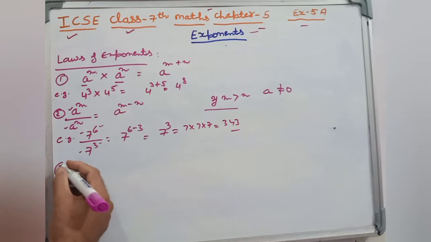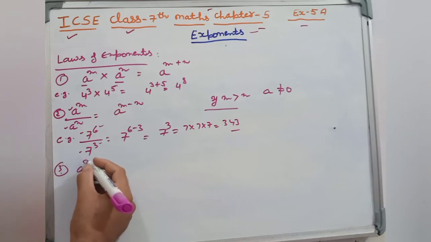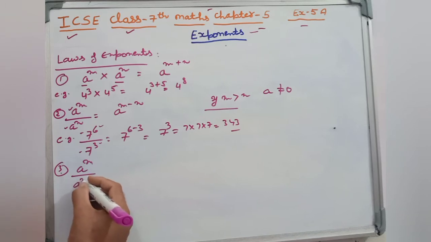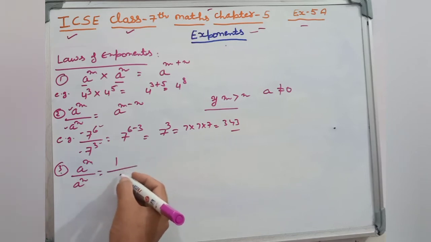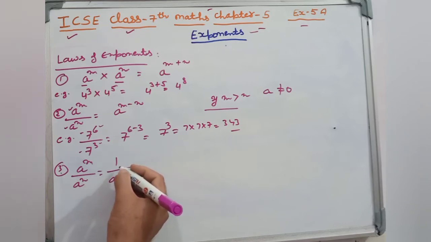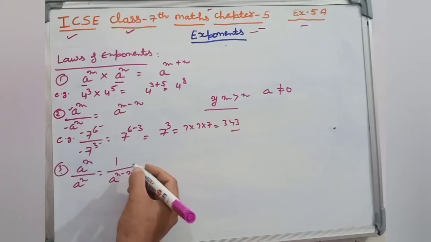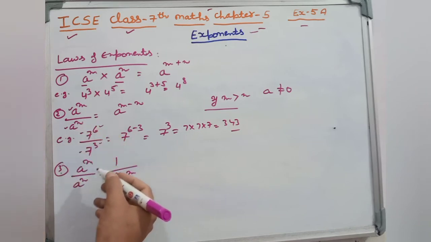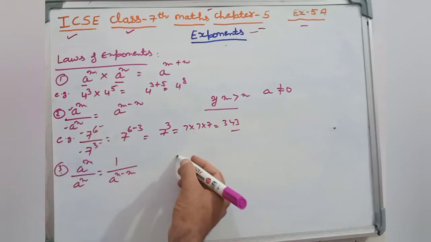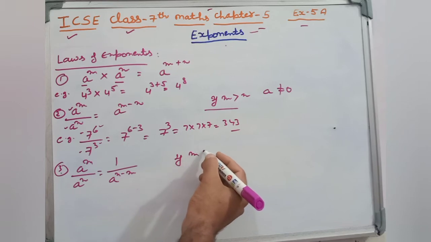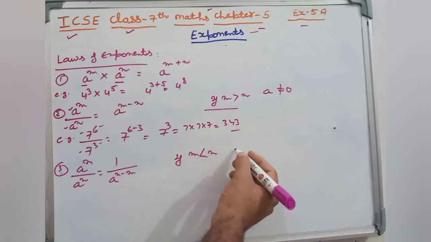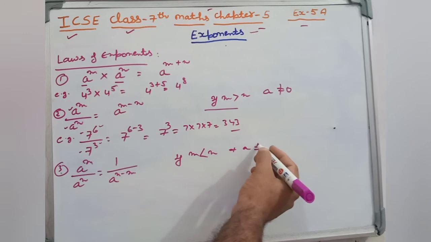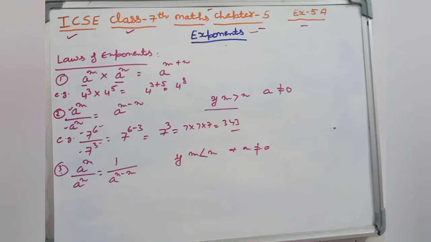Now if I write a raised to power m upon a raised to power n, the same, this will become a raised to power n minus m. Why has this happened? The formula is the same, because m is smaller than n and a is not equal to 0, right?